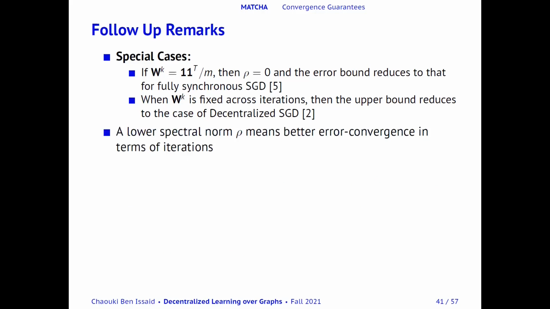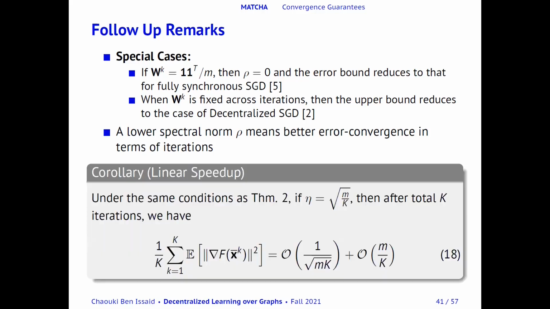We note also that a lower spectral norm rho means better error convergence in terms of iterations. Furthermore, if the learning rate is configured properly, then Matcha can achieve a linear speedup in terms of number of worker nodes, matching the same rate as vanilla decentralized SGD and fully synchronous SGD.